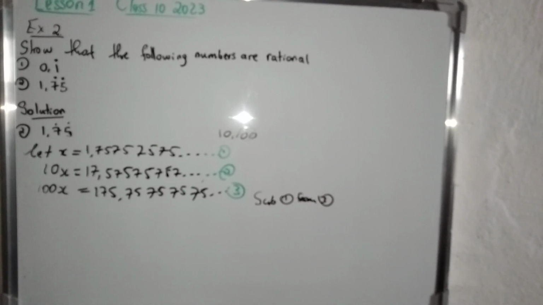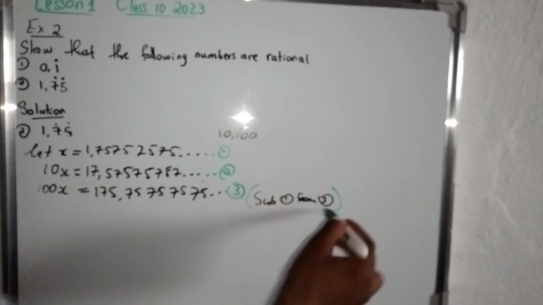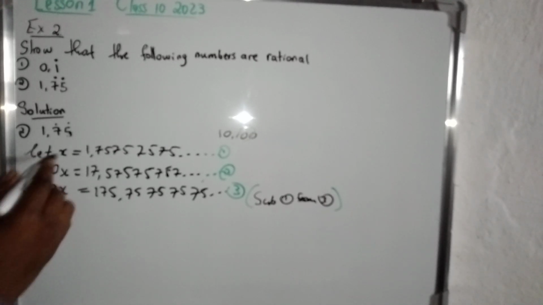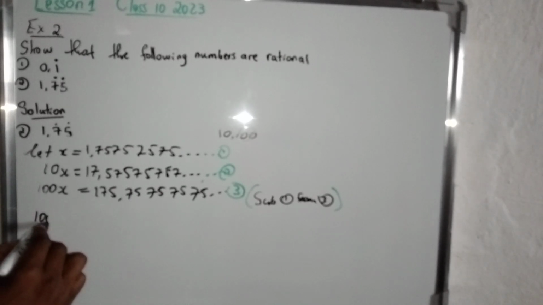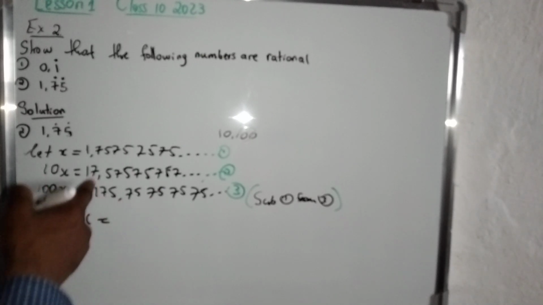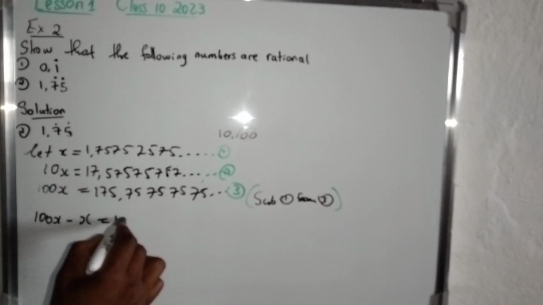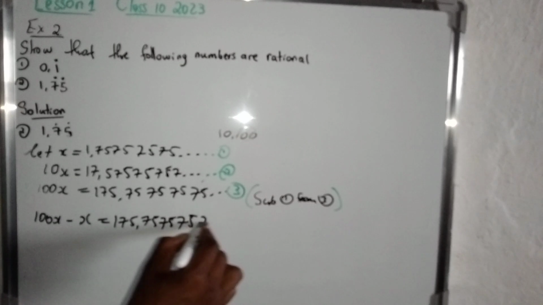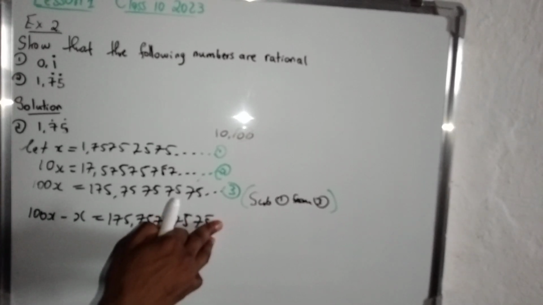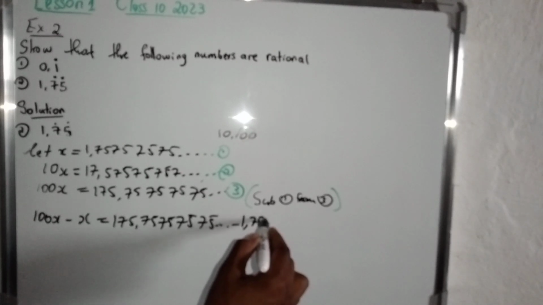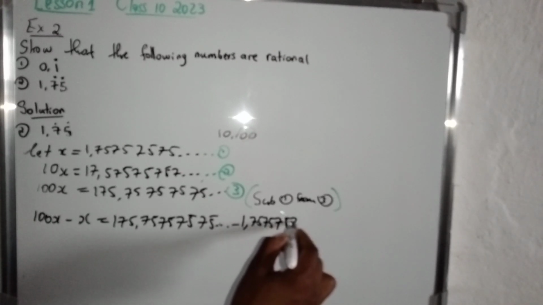When we subtract equation 1 from 3, I am going to say 100x minus x. And then we take this one here, 175.75, 75, 75, 75, and minus the first one, which is 1.75, 75, 75, 75.